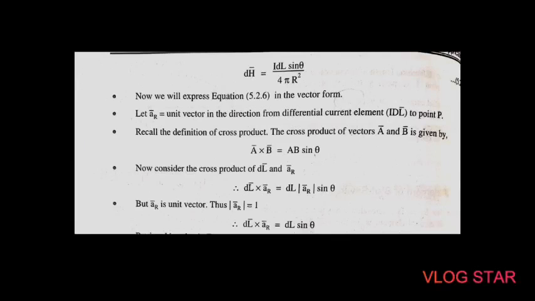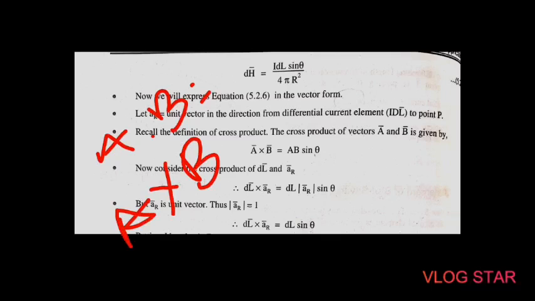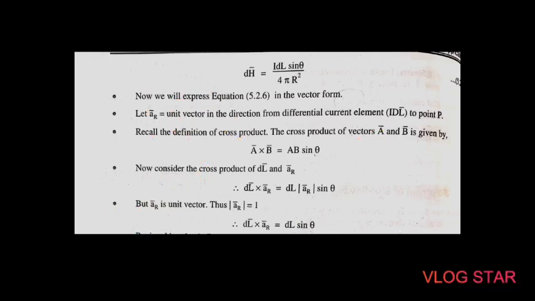We know that the dot product A dot B is AB cos theta, but here we have to calculate the cross product. So the cross product of A and B is AB sin theta. So we can write A bar cross B bar is equal to AB sin theta. Now instead of A bar and B bar, we take the cross product of dL bar and aR bar.